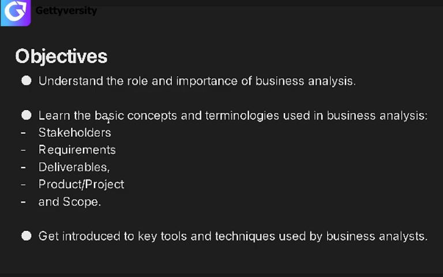So we are going to look into types of scope briefly, and we have two types of scope. We have project scope and product scope. Product scope defines the features and functions of the product being developed. I'm going to give you an example of a product scope using WhatsApp, right?